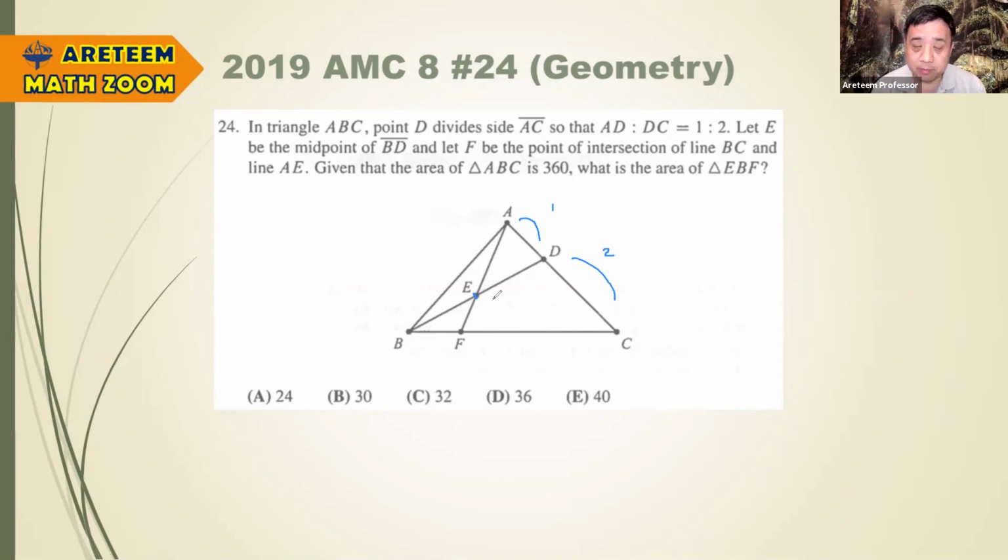For a question like this, with a very simple diagram and just a few lines with a triangle, it can usually be done with Menelaus's theorem or mass point or something like that. But this is AMC 8, and we want to get some easier solutions.